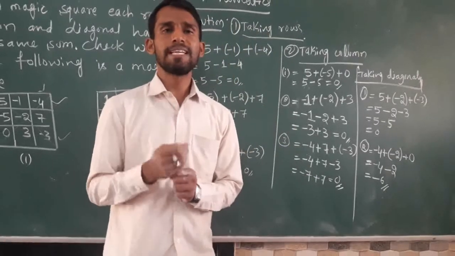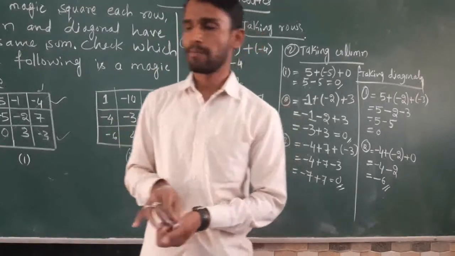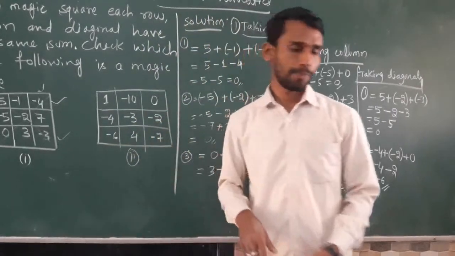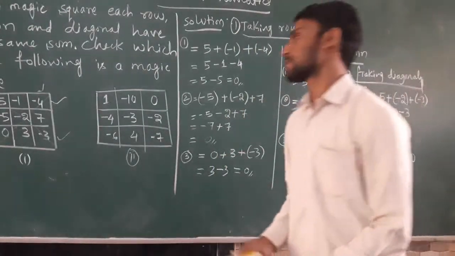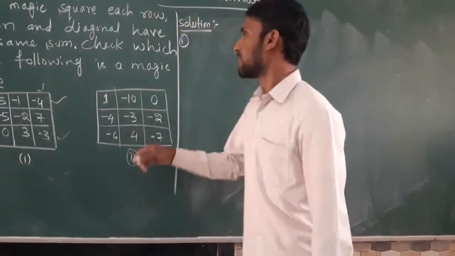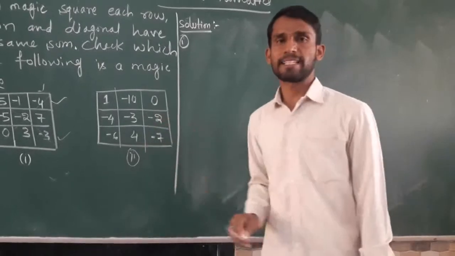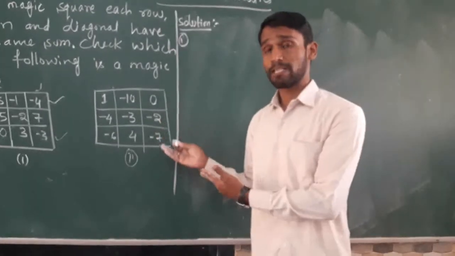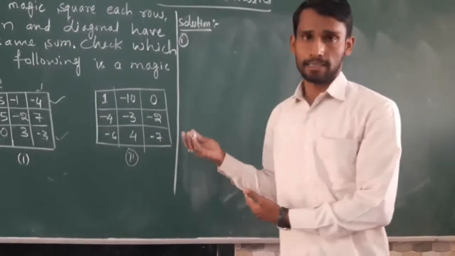Dear friends, I am taking the second magic square. We will check whether this is a magic square or not. I want to check whether this magic square is perfectly a magic square or not.